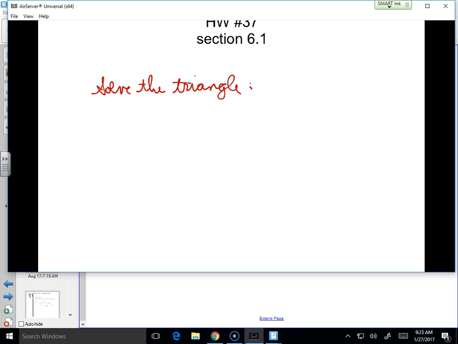Solve the triangle given. Let's do angle A is equal to 80 degrees. Side C is equal to 5.